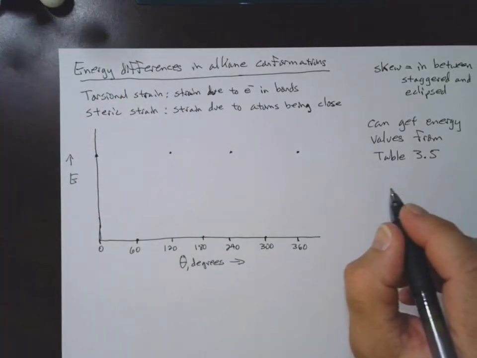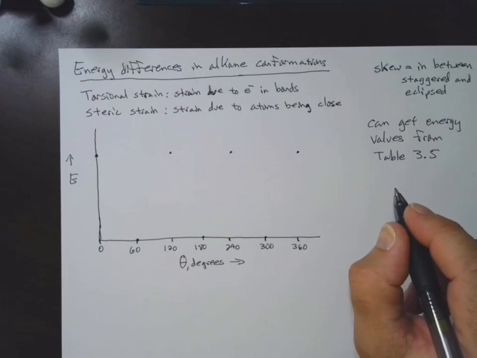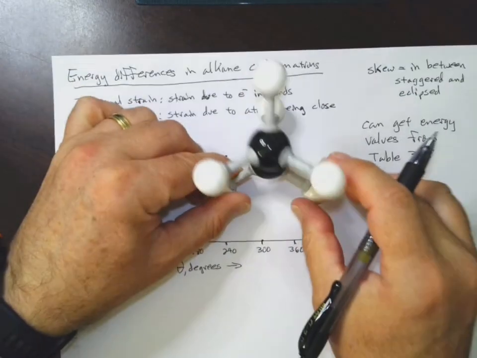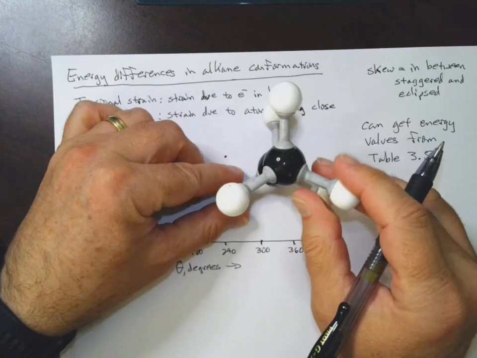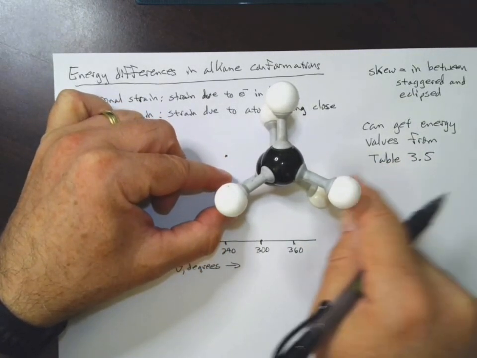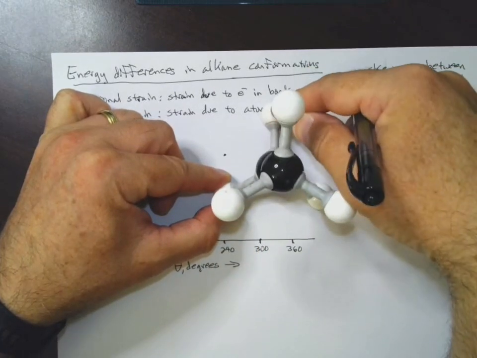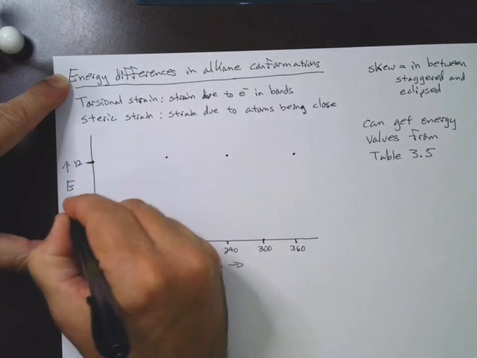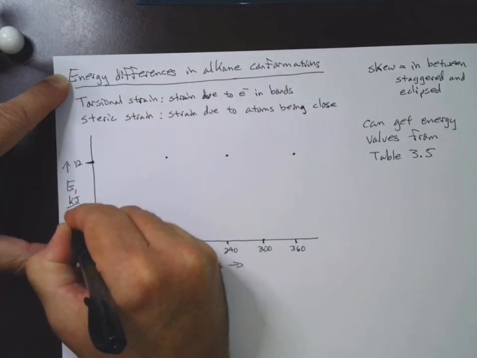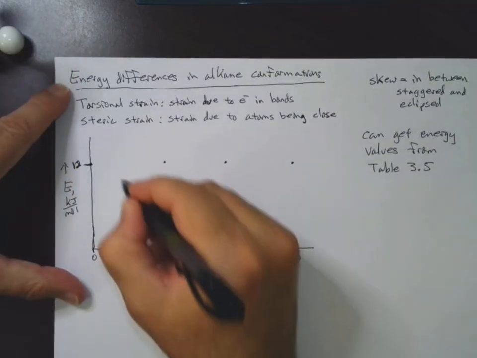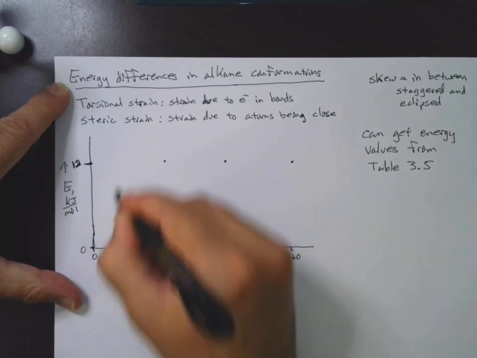What table 3.5 tells me is that my hydrogen-hydrogen eclipsed, which is due to torsional strain, has an energy cost of 4 kilojoules per mole. But that's for each hydrogen-hydrogen eclipsed. So I have 1, 2, 3. That would be a total of 12 kilojoules per mole. And then of course I'm at 0 down here.